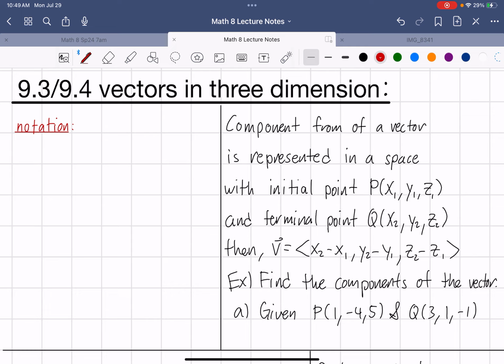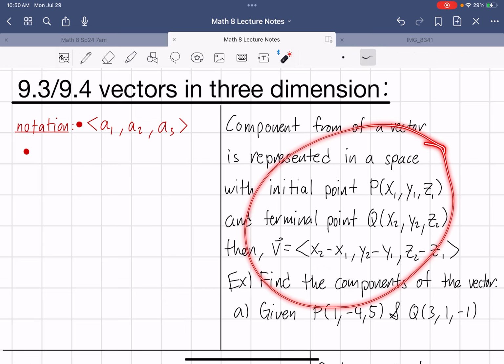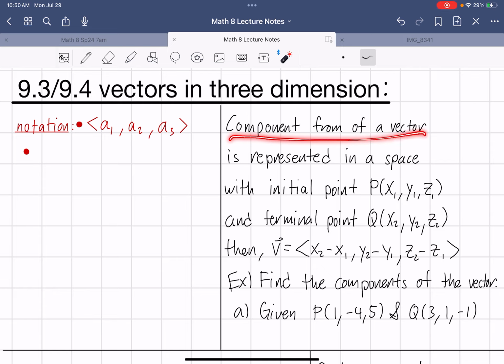Now the vectors that we look at are going to be, so instead of having a sub 1 and just a sub 2, we're going to have a sub 3. So it's going to have this additional component. Same if you look here, we'll talk about how to find the component form, right?